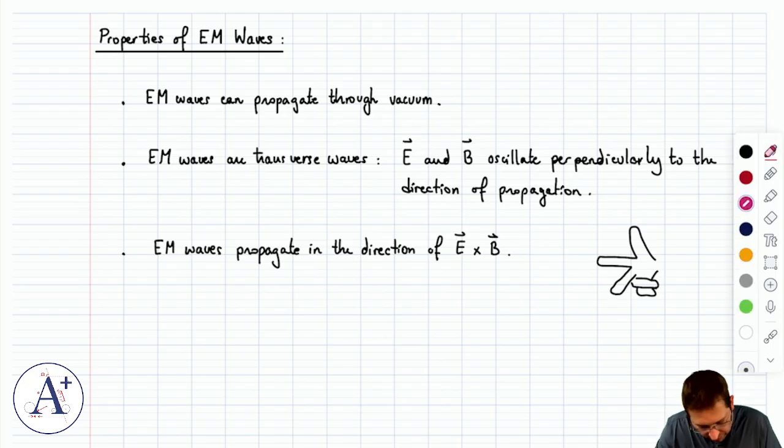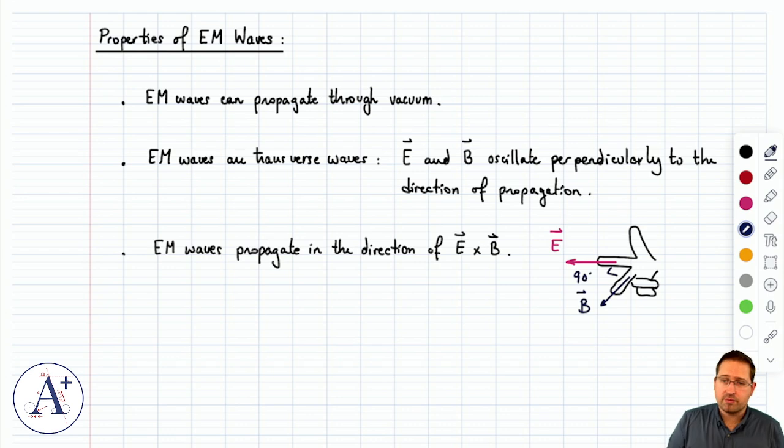But the point is, my forefinger is going to be along E. My middle finger is going to be along the magnetic field B. These two will always be 90 degrees from each other. Okay, that's not always true for every cross product. I'm not saying that because it's E cross B, it's 90 degrees. I'm just saying because it's E and B in an EM wave, then it is 90 degrees between the two. And then your thumb will give you the direction of propagation.